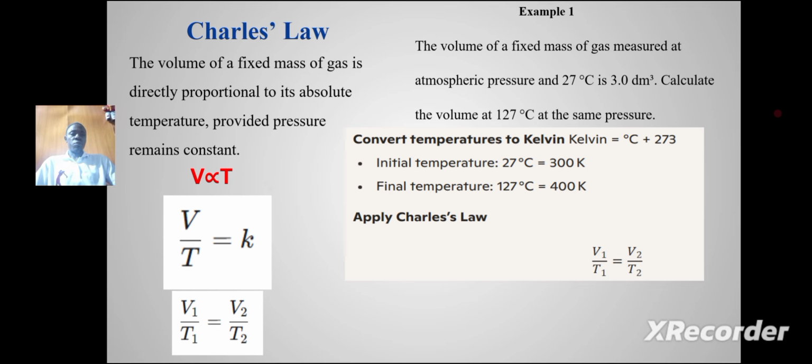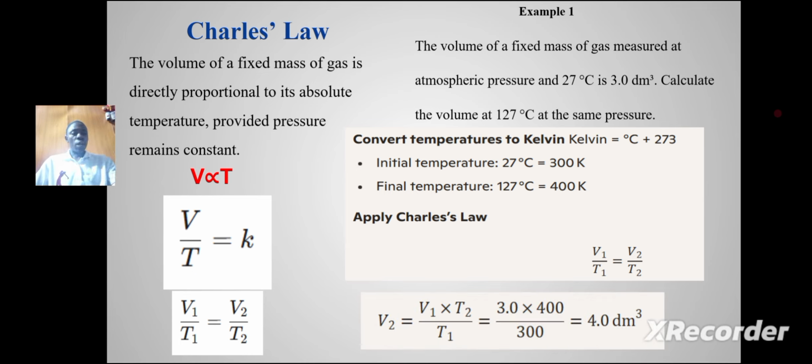So 27 plus 273 will give us 300 Kelvin as the initial temperature T1. Then T2 from the question is 127 degrees Celsius, so we add 273 to it to convert it to Kelvin. It gives us 400. So remember Charles' law, V1 over T1 is equal to V2 over T2.